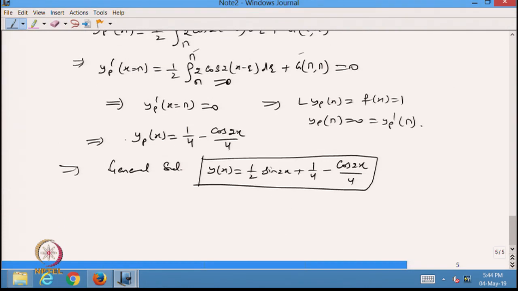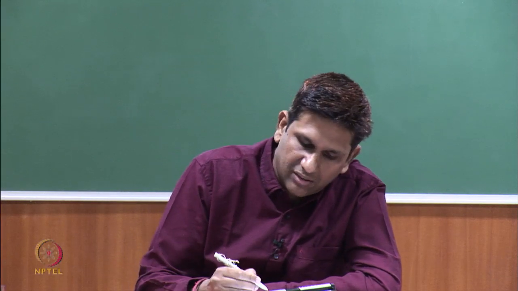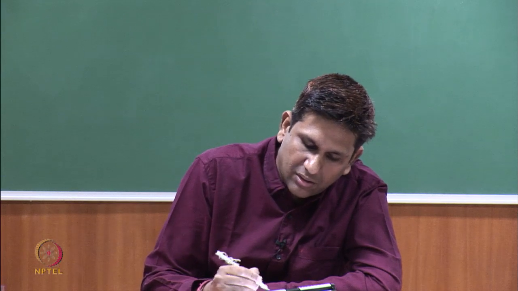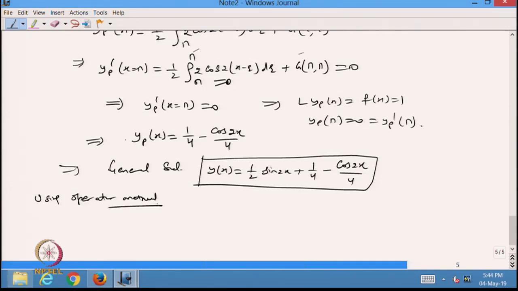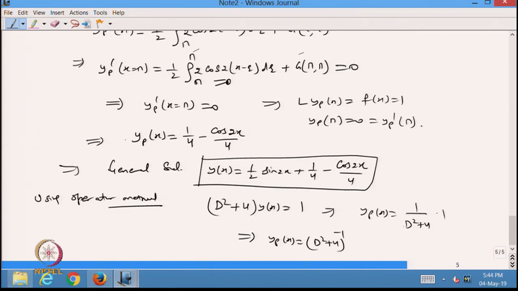If I solve the same equation with the way we have solved in the previous lecture, you can verify also that using the operator method, I can write this equation as (D² plus 4) y(x) equal to 1, and from here my y_p(x) I can define as 1 over (D² plus 4) into 1.